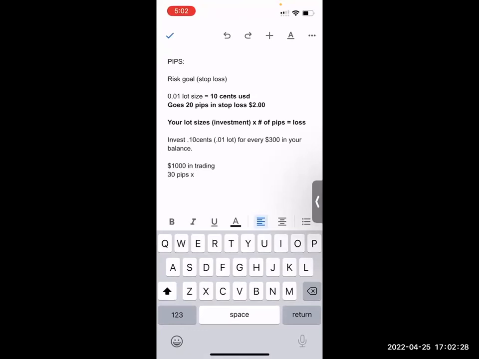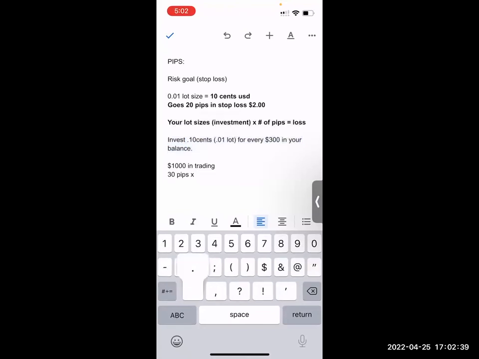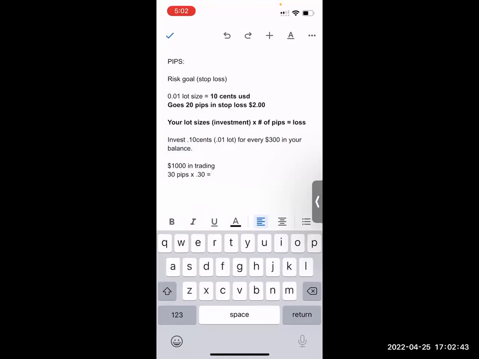So 10 cents for every 300. How many 300s are in 1,000? 3. So that means I'm investing no more than 30 cents. All right. So 30 pips times 30 cents, guys, should give you, if I'm not mistaken, $9. So now I've only lost $9, a $9 loss.